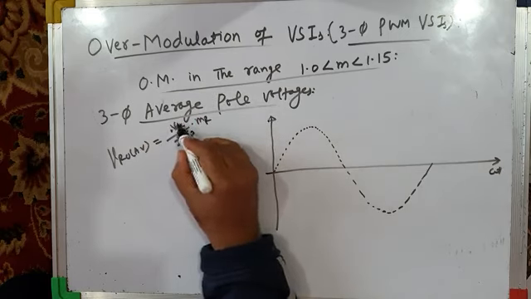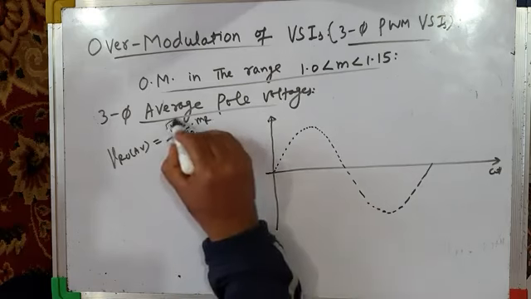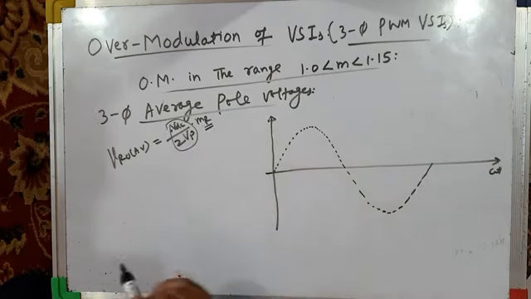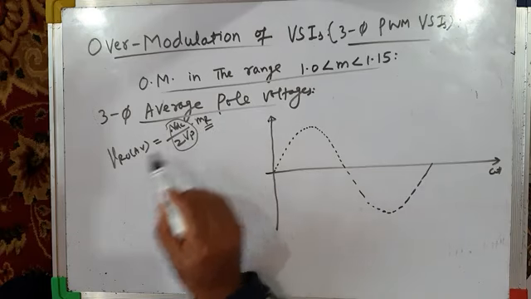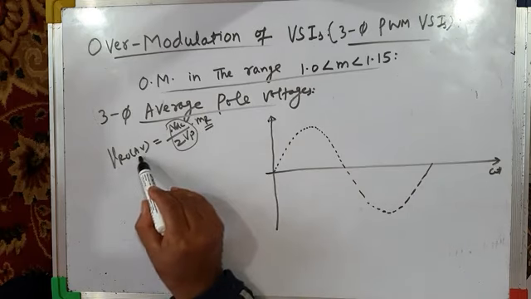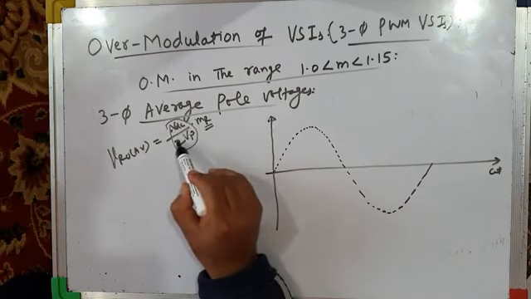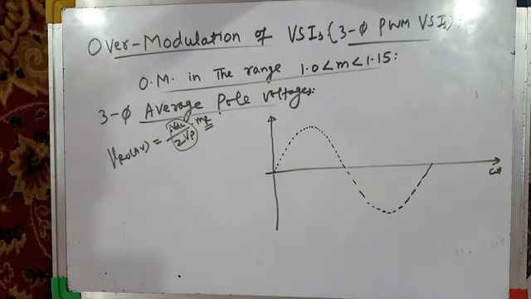So it would have been VDC by 2 VP into MR. This is the gain of the inverter. Your modulating wave is a sinusoidal modulating wave. The instantaneous average pole voltage VRO would have been the scaled version of this MR. It is equal to MR multiplied by the gain of the inverter. So that is if there was no over modulation.